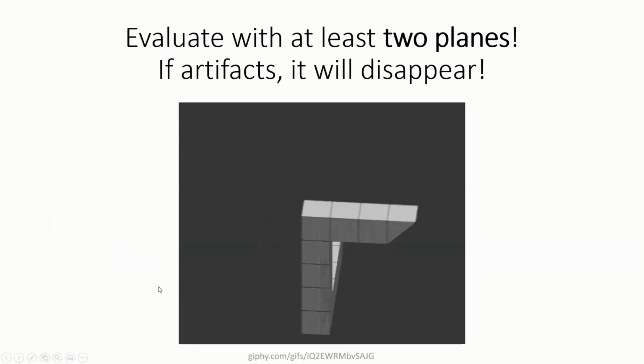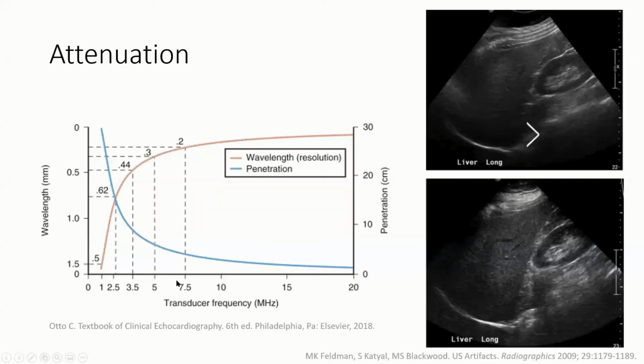So when we see deeper structures, we usually use an abdominal, convex, sector, or cardiac probe. The sector probe has the lowest frequency, down to 1. So you can choose the probe appropriately depending on what you are seeing. But this concept is important: it's a trade-off relationship between resolution and penetration.